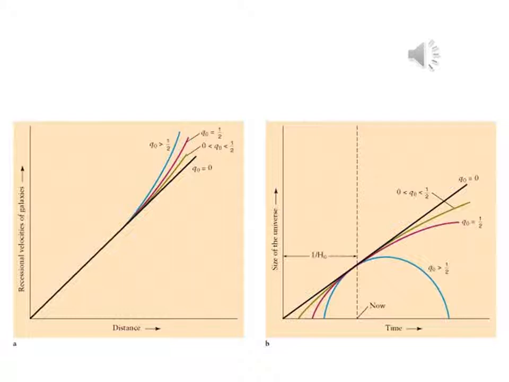Now, of course, if the universe is going to slow down its expansion, the right-hand side diagram is a very intuitive picture of that. The blue circle represents a universe that expands and then collapses on itself. And then the pink one is a universe that would basically remain exactly in the borderline.